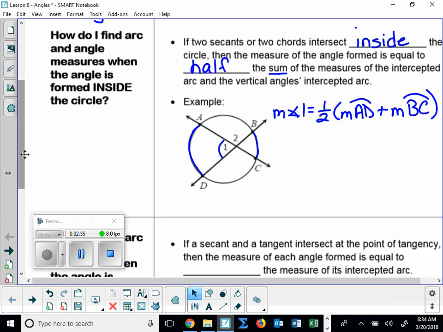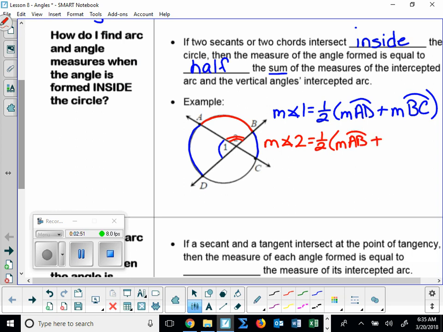If we look at angle 2, the measure of angle 2 will equal half the measure of arc AB, its intercepted arc, plus the measure of the vertical angle's intercepted arc.